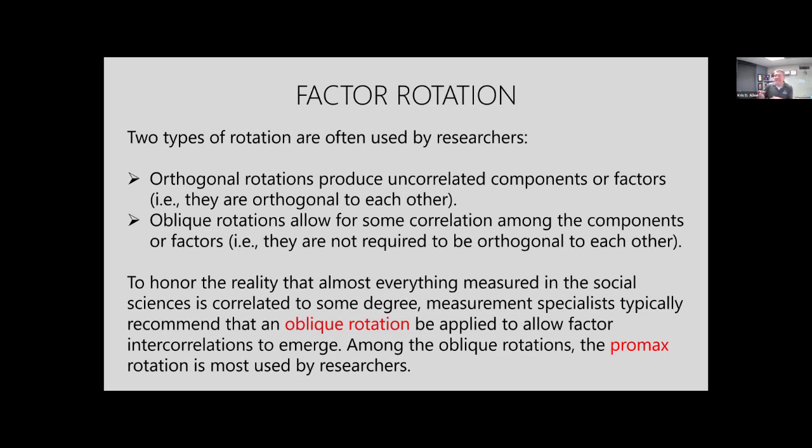So if you're doing the PCA and you have factor 1, factor 2, factor 3, or if you're doing the EFA and you have component 1, component 2, component 3, an oblique rotation allows for correlations among the different factors and among the different components. Okay. Now, it turns out among the oblique rotations, the most common is a Promax rotation.